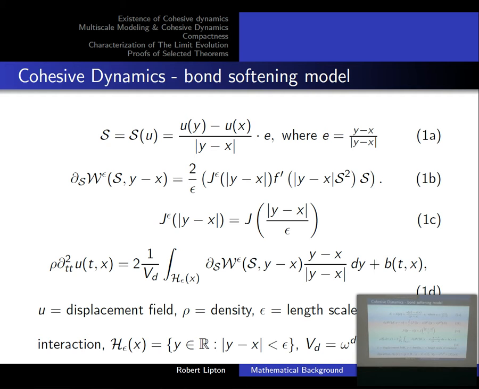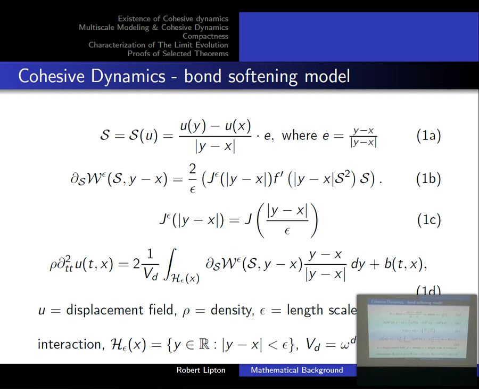And then we have our potential, and then we take its derivative with respect to the strain. In this particular case, it's given by this, where f is the potential function and f prime is its derivative. This is the influence function. We haven't talked much about it, but it gives weight towards the potential connecting x to y.